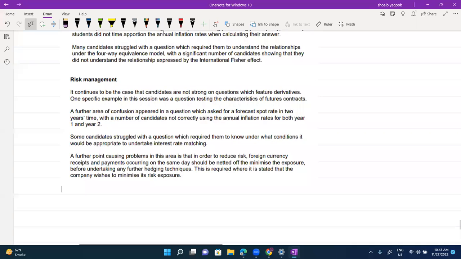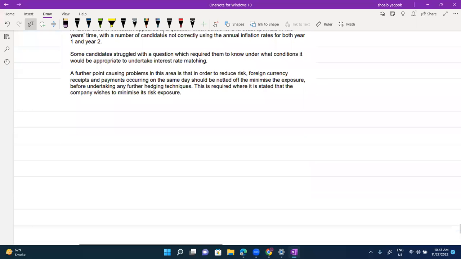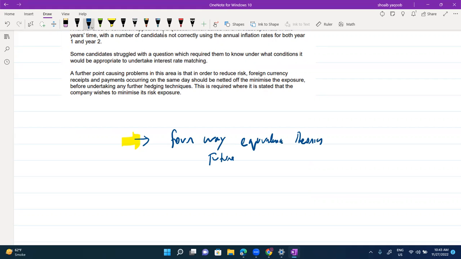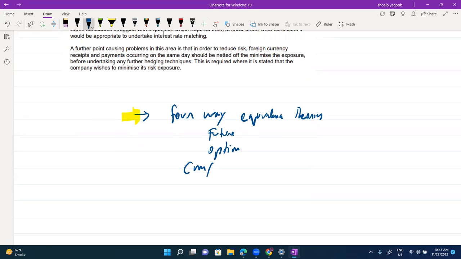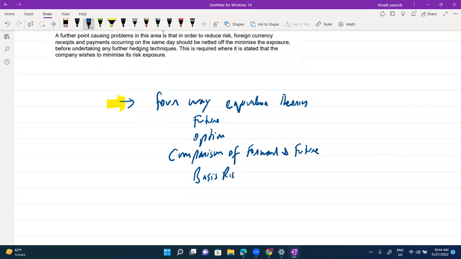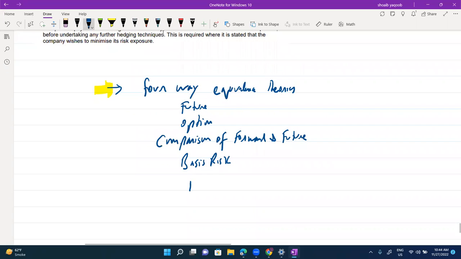So if I make a summary, what are the important areas जिसपे स्टूडेंट्स को मसले आते हैं? 4-way equivalence theories, future, option, comparison of forward and future, basis risk, FRA and forward.